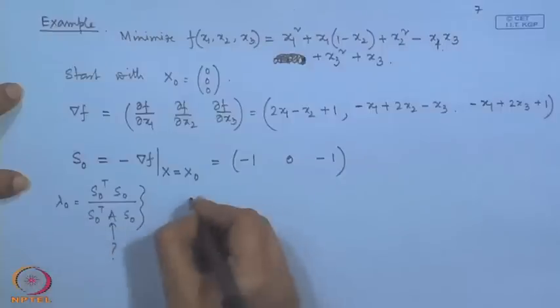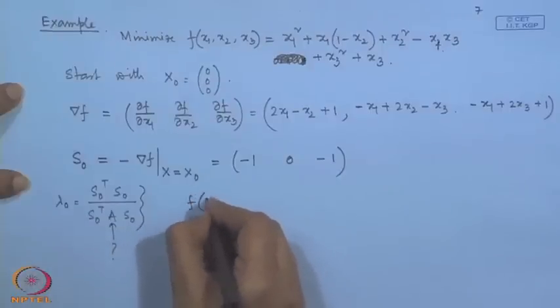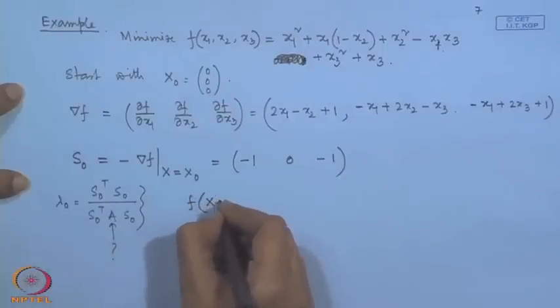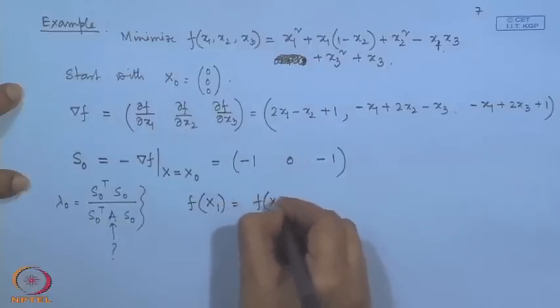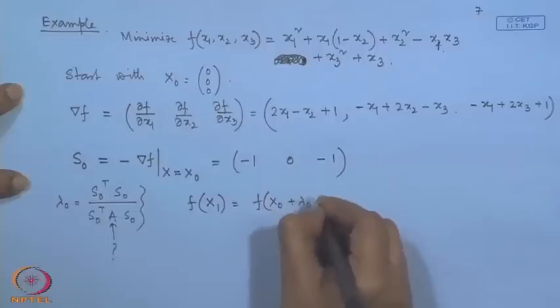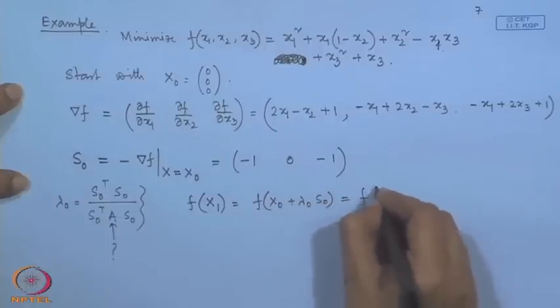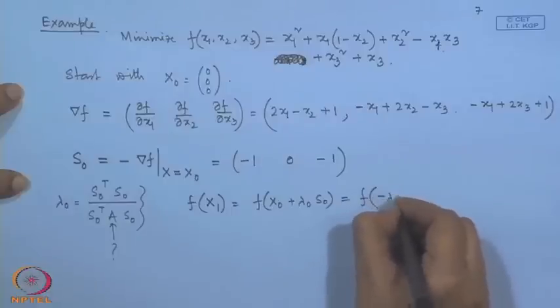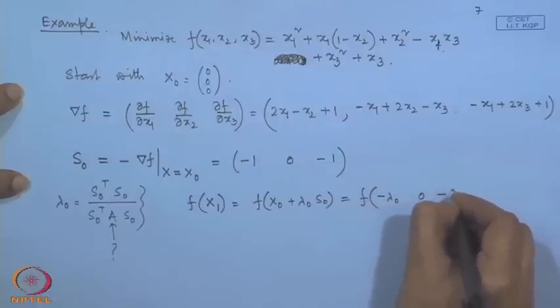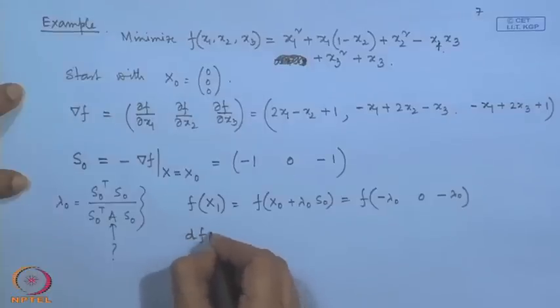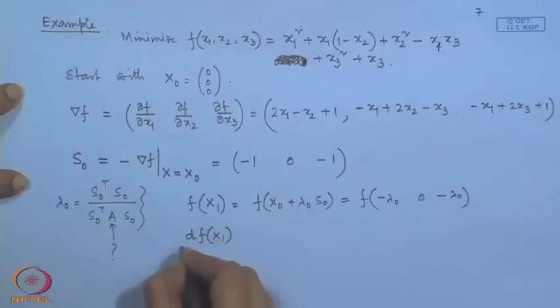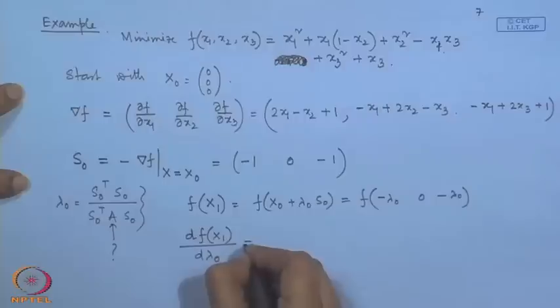What we will do is find the functional value at point x1, that is f of x naught plus lambda naught S naught, which is equal to f of minus lambda naught, 0, minus lambda naught. And we will set df by d lambda at point x naught equal to 0.